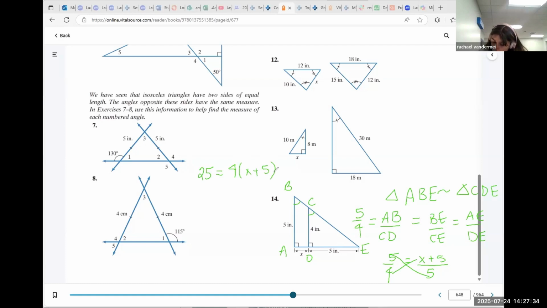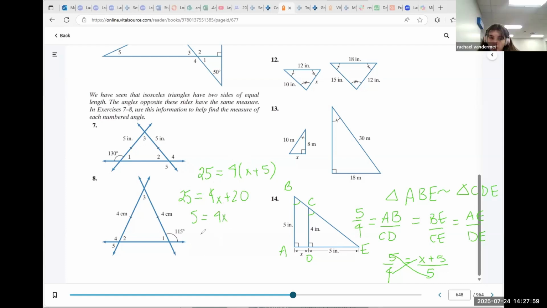We could do minus... Oh, and then it would be the ratio of... So I would get a negative. So let's see, 25... oh wait, no, I wouldn't get a negative. Sorry. Did you distribute this? So you get 4x plus 20. Then 25 subtract 20 equals 5.